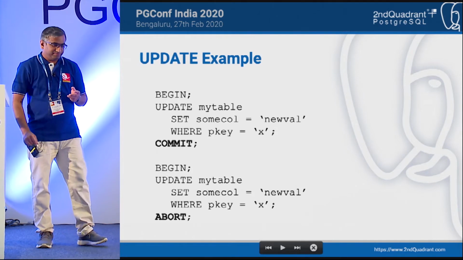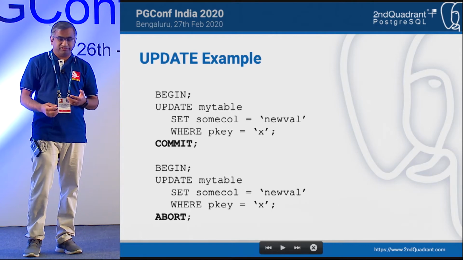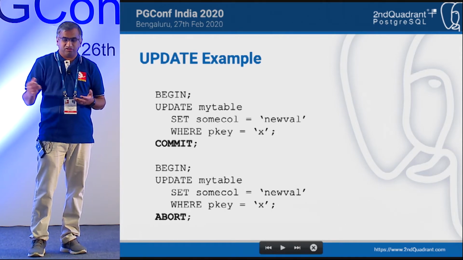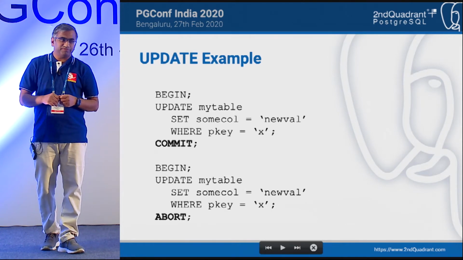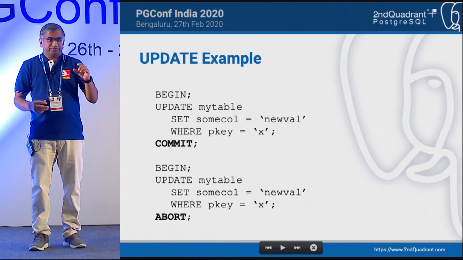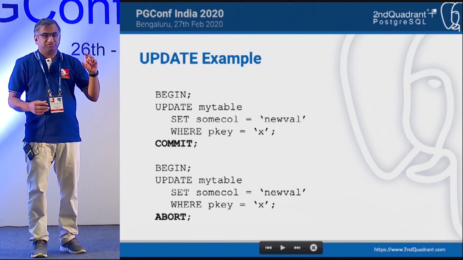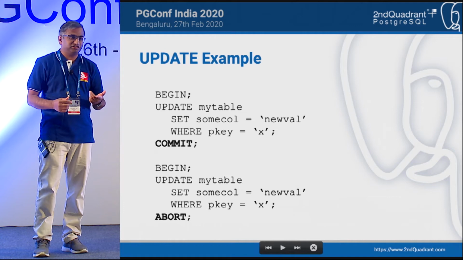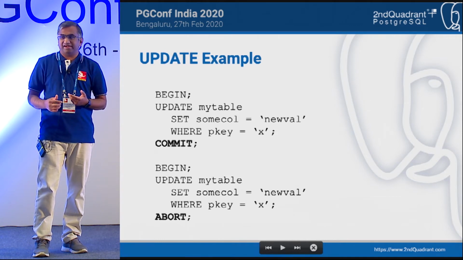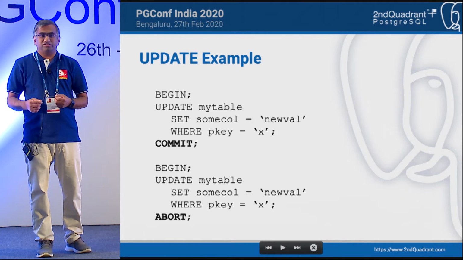So here is an update example, a pretty simple example. You start a transaction, you update some table and change some column in that table. The problem is, after you run your update, you may decide to either commit the transaction or abort the transaction. Sometimes it might happen because your connection breaks with the server or the server goes down.